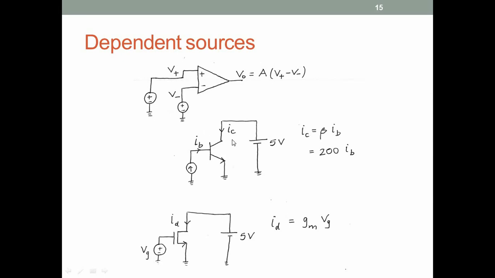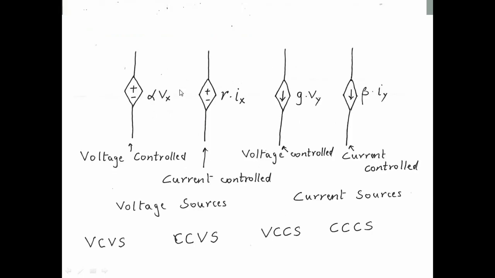And the fundamental property of dependent sources is that the current or voltage at some point in the circuit is a function of current or voltage somewhere else in the circuit. So there are four types of dependent sources. There are two dependent voltage sources and there are two dependent current sources.